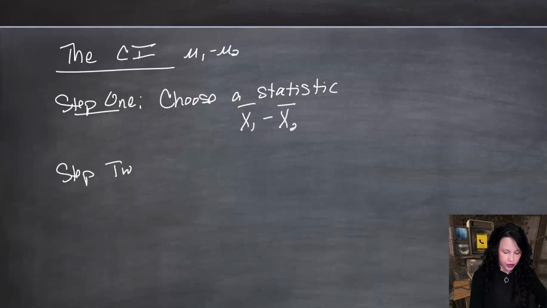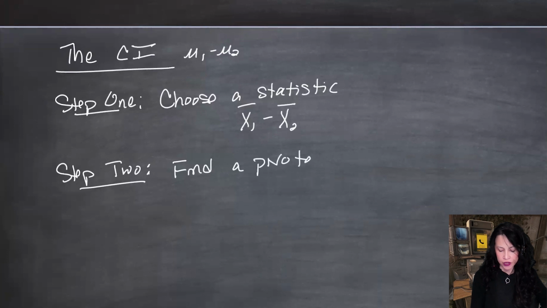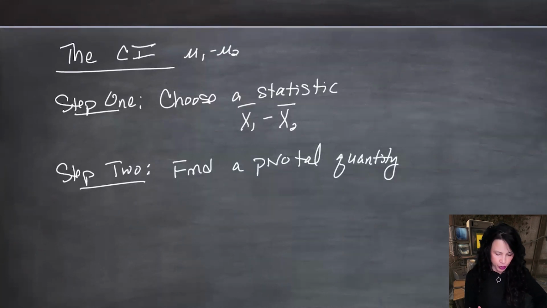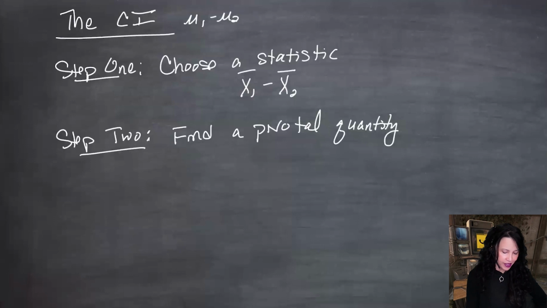Step 2 is to find a pivotal quantity, which is a function of this x1 bar minus x2 bar and the mu1 minus mu2, whose distribution is known to us and unknown parameter free. That is, it's not depending on any unknown parameters. And I won't write that step out in here.